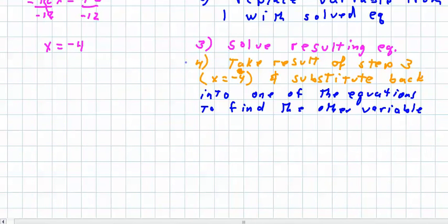Sorry for switching the colors there, but I have a hard time finding this orange dot when I'm writing.